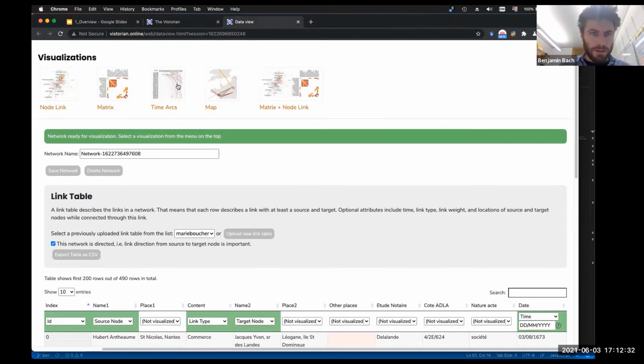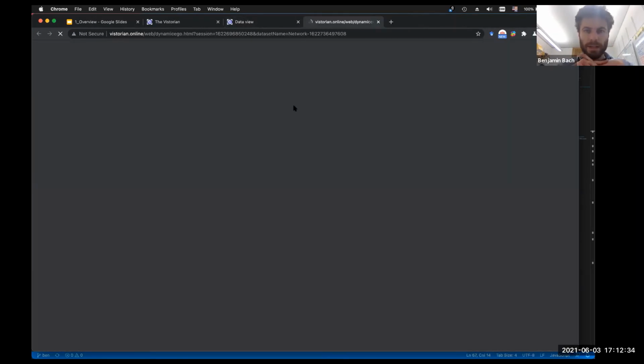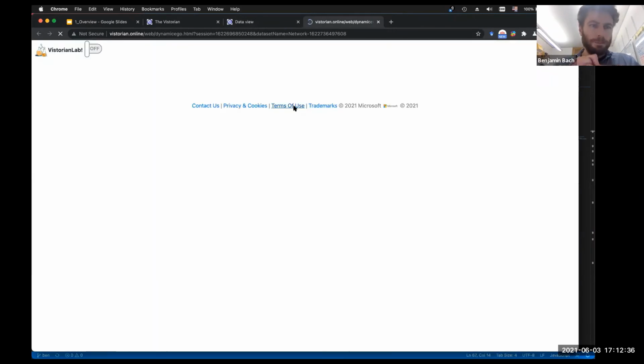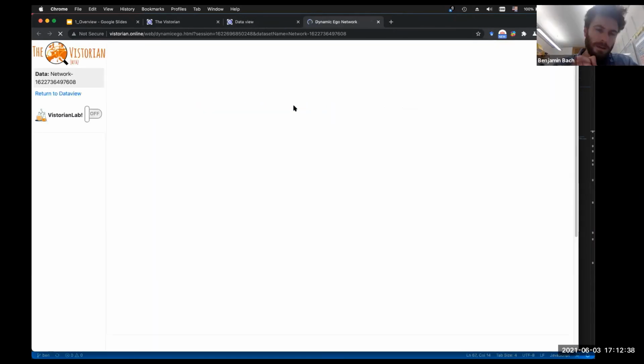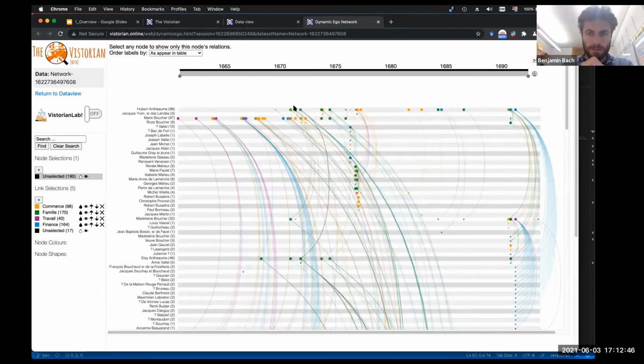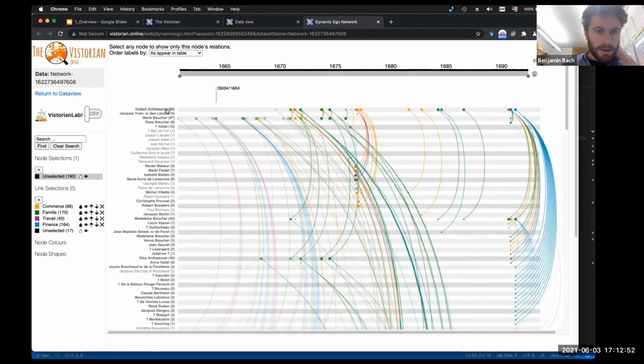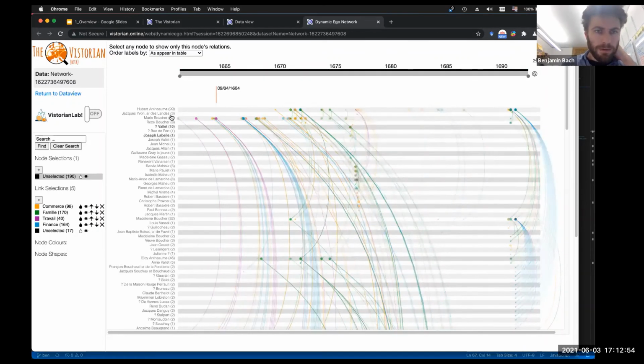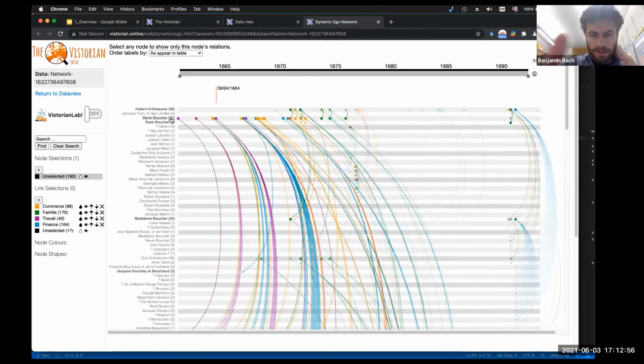Talking of time, let's just have a look at this time arc representation here. This is the one that I showed you on the slides. It's streaming right now. That's why it's a bit slow, and voila. Here we have our time arc network where we can see again all the nodes. And if I'm highlighting them, then I can see these links showing up.